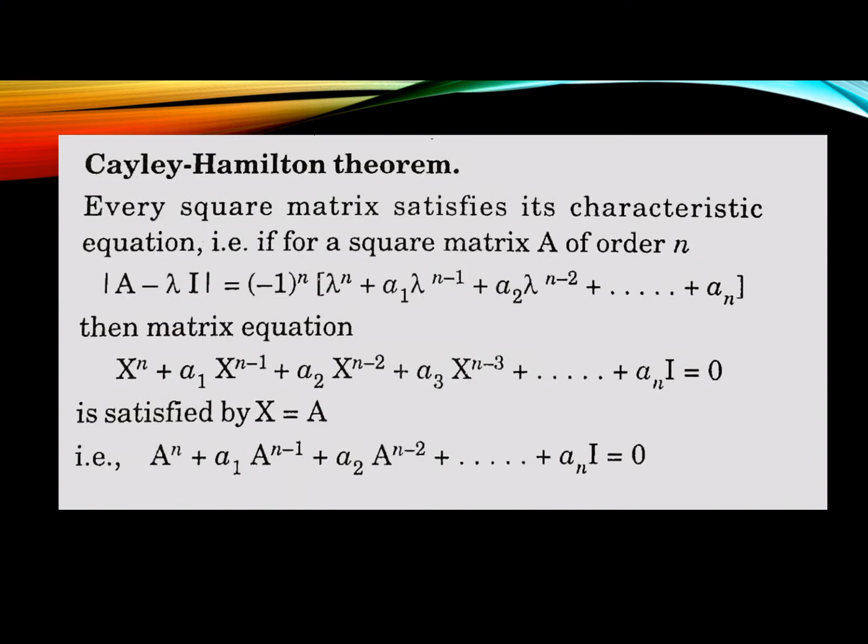So every square matrix satisfies its characteristic equation, that is, for a square matrix A of order n, the matrix equation x^n plus A1 x^(n-1) plus A2 x^(n-2) plus A3 x^(n-3) plus etc. plus An times I equal to 0 is satisfied by x equal to A. That is, A^n plus A1 times A^(n-1) plus A2 times A^(n-2) plus etc. plus An times I is equal to 0.